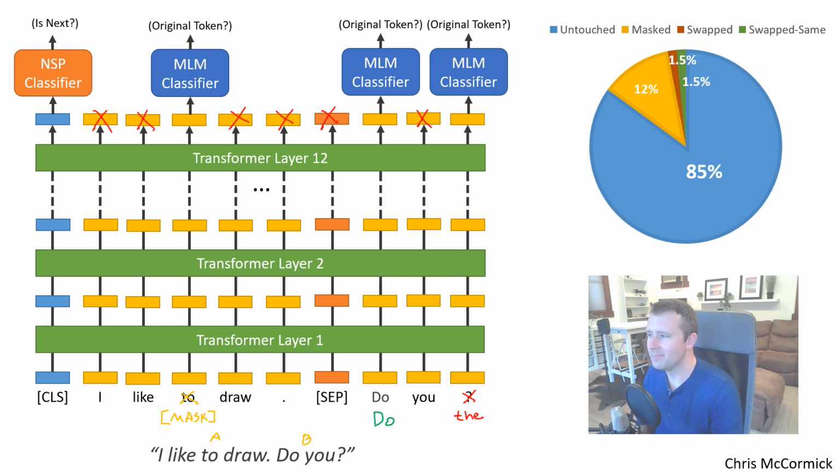So why this business with the swapping of tokens? Why not just do the masking on its own? Well, they show some results in the appendix of the paper where they did experiments on this, and they found this ratio worked the best. I think you could picture how the mask embedding is kind of a useless embedding. It tells the model, I don't know what this word is, right?